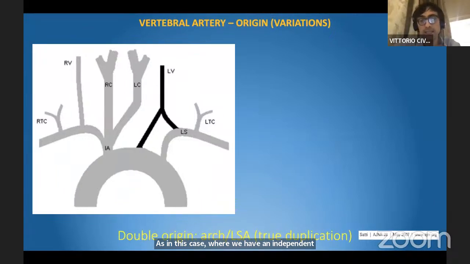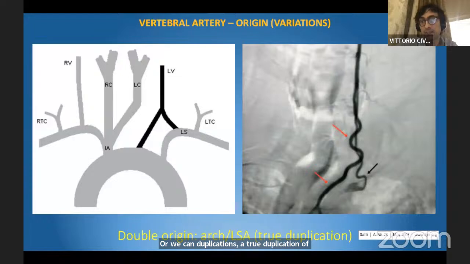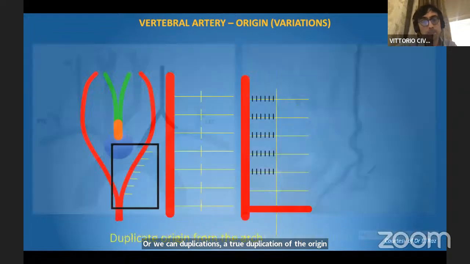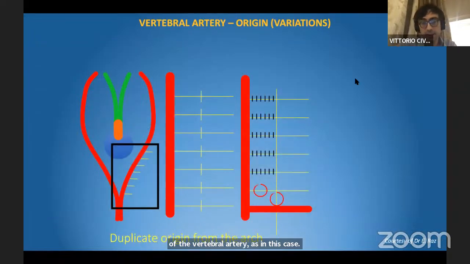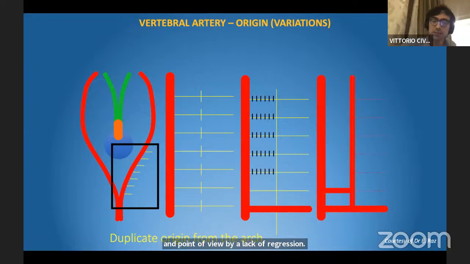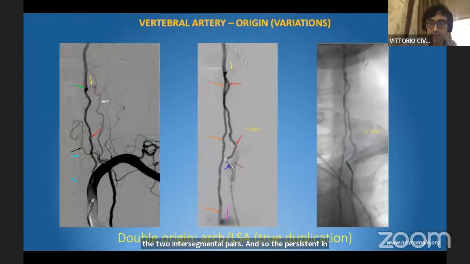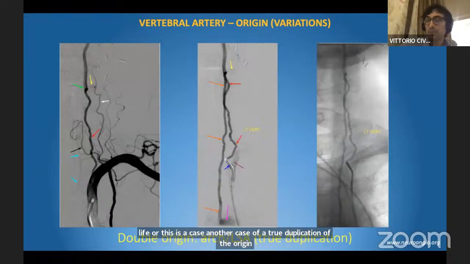Or we can have duplications of the origin of the vertebral artery, as in this case. Again, it can be explained from an embryological point of view by a lack of regression of the two intersegmental pairs, and so they persist in adult life. Or this is another case of a true duplication of the origin of the left vertebral artery.